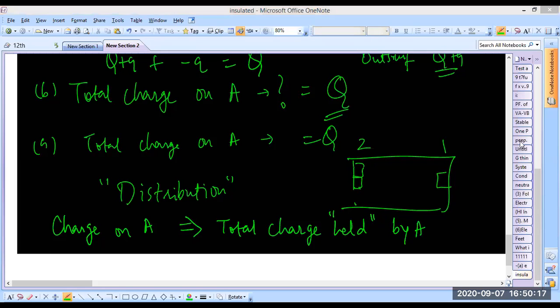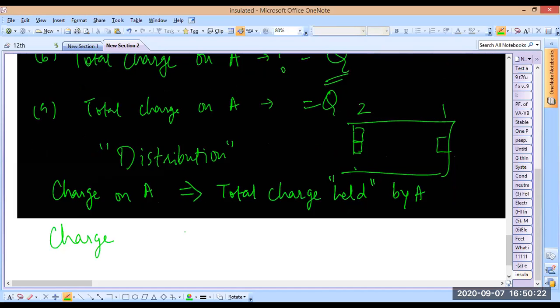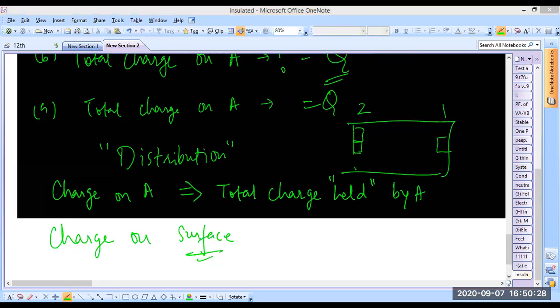This is different from charge on surface, right? This is different from charge on surface. I hope nobody is getting confused by all these. Okay, just that we will summarize this.